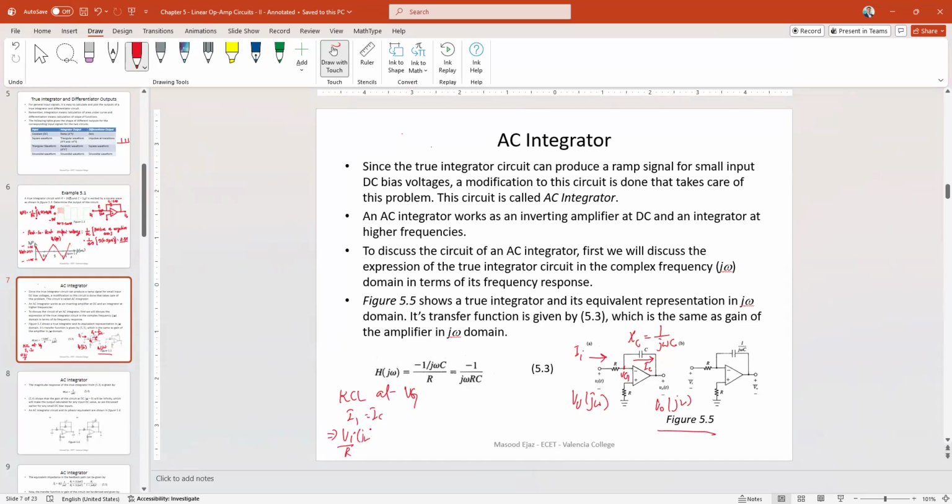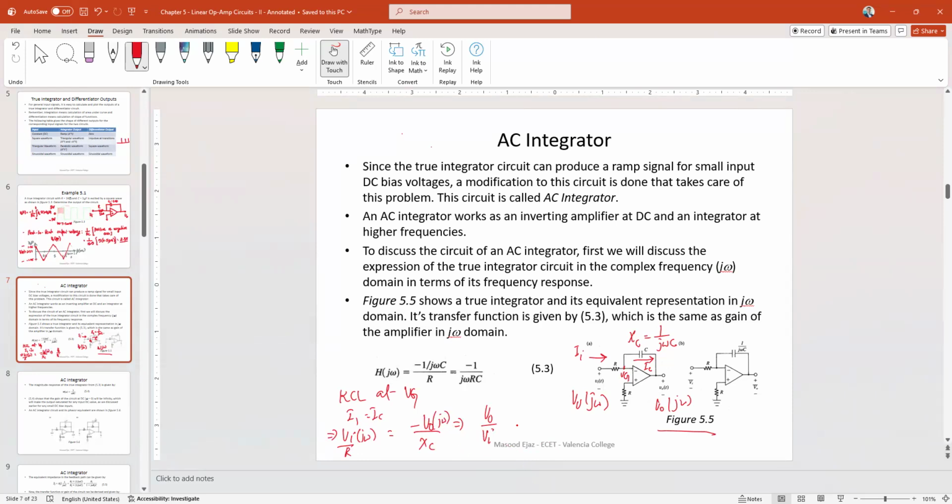V input j omega, remember, is a function of complex frequency omega, and is equal to negative V output over XC, which will give us V output over V input. Again, this is a function of j omega, but we don't really have to show it over and over again.